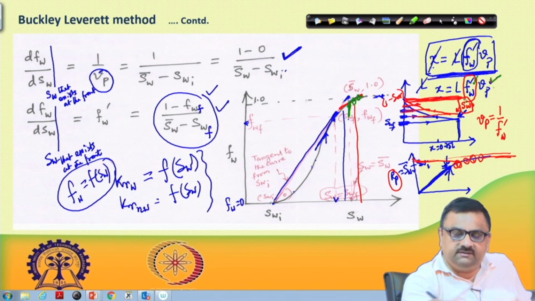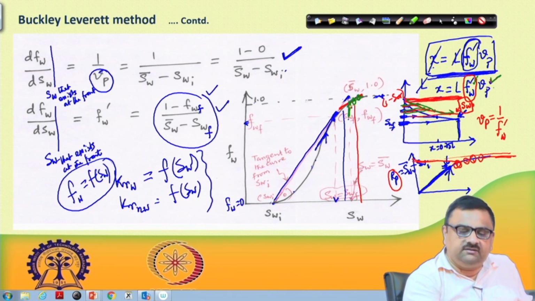FW prime is based on these new saturation values, you have to draw a tangent and find out, and you can locate how far a saturation packet will travel. So, you can generate this curve, and you can continue to generate these curves.